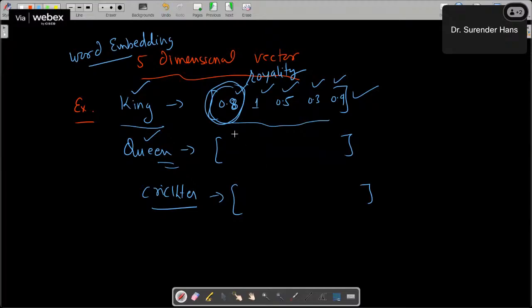For queen, let's say 0.9. So the first dimension is royalty. But in the case of cricketer, this factor will be low, 0.1. The second dimension may be athlete.